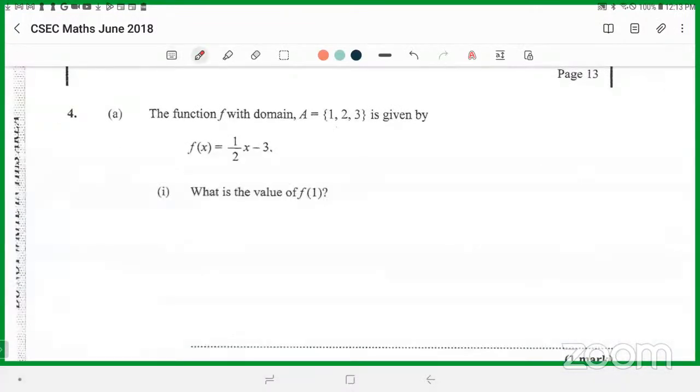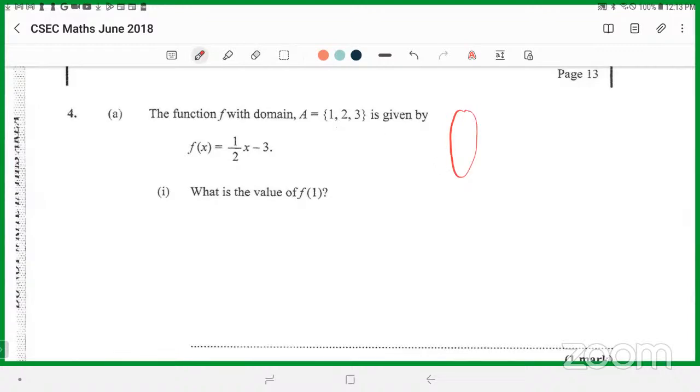All right. So this question gave us a function f, and it says the domain is this. So this is the domain, you know, guys. You know what the domain is? These are your x values. Since your domain is 1, 2, and 3, it means that your x values can only be 1, 2, and 3. Those are the only x values.